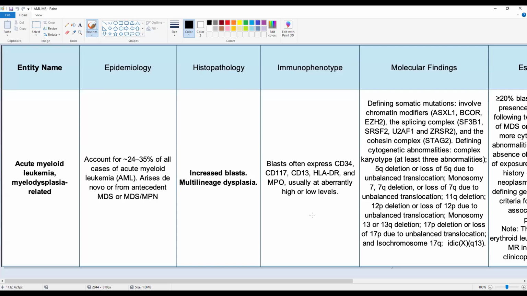As for the immunophenotype, blasts often express CD34, CD117, CD13, HLA-DR, and MPO, usually at aberrantly high or low levels. Now for our patient, let me show you the flow cytometric findings that we saw in this case.